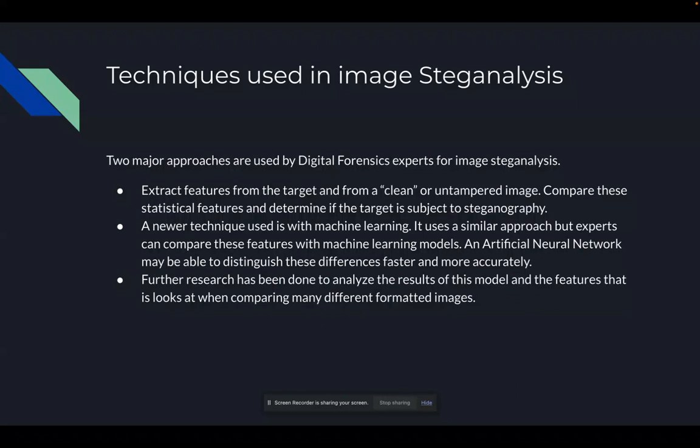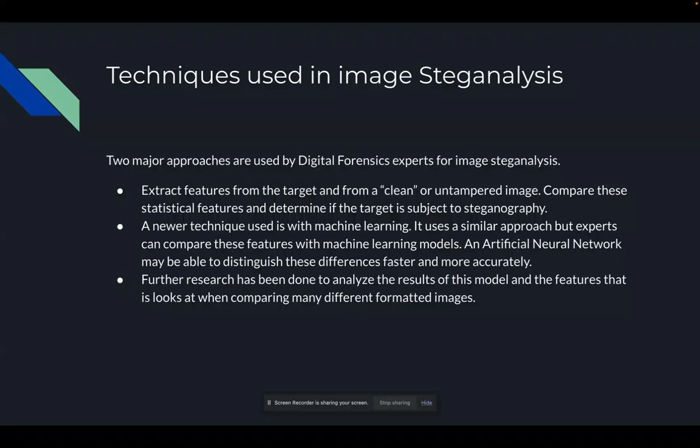More so, a newer technique, something that is starting to become more commonplace, is the use of machine learning. It uses similar features, extracting features from these images with machine learning models.